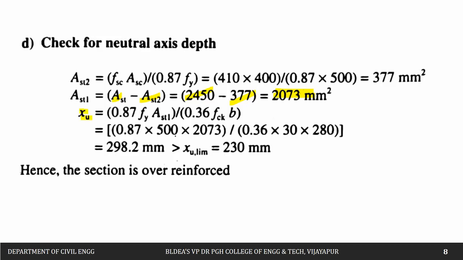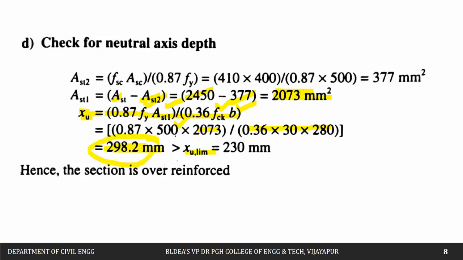Then next we'll calculate the depth of the neutral axis, that is 0.87 Fy into AST divided by 0.36 fck into b. So Fy is 500, AST we have just calculated as 2073, fck is 30, b is 280. If we substitute, we will get the answer as 298.2 mm.